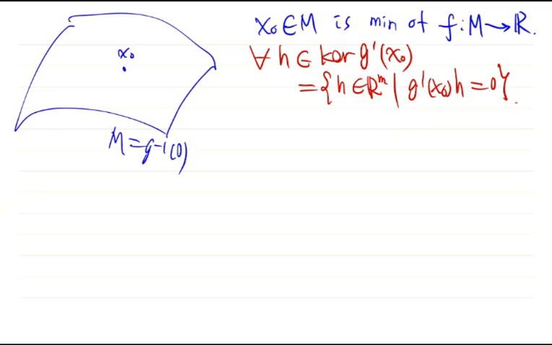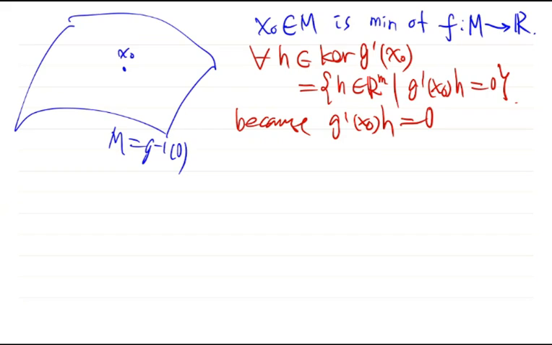Because g prime x0 h is 0, by the previous theorem, the inverse problem of the normal vector, which we proved at the very beginning of today's lecture. Remember, we know that the gradient of a function is perpendicular to the tangent vector of every curve on the surface passing the point.